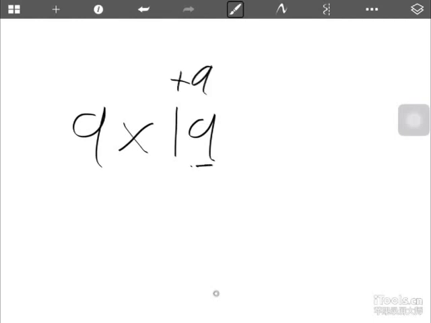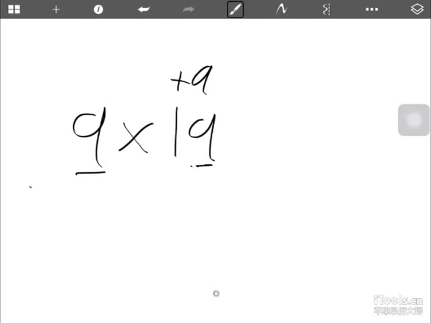Let's try a similar question, just to keep our brains up. So let's try 9 times 19. Make sure to put the last digit up here.